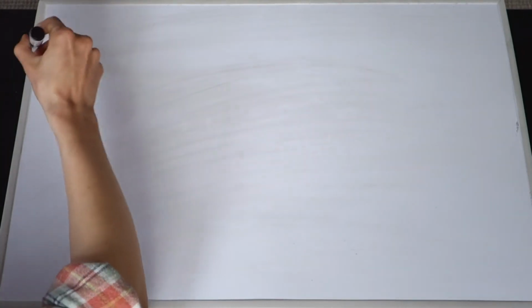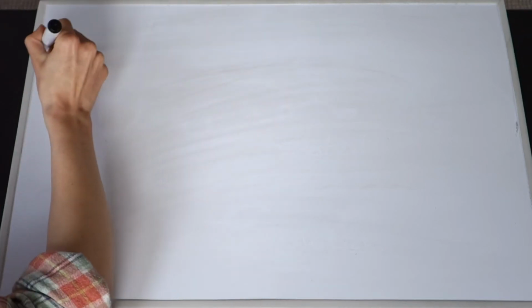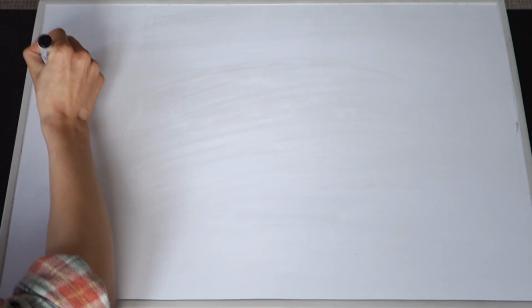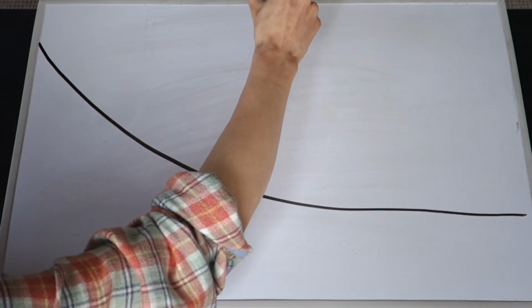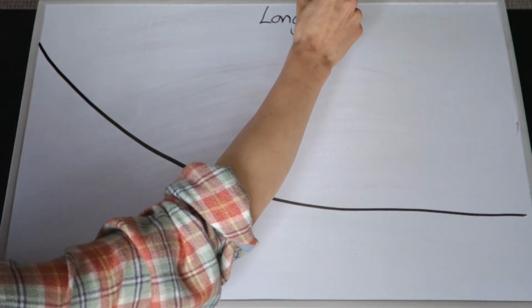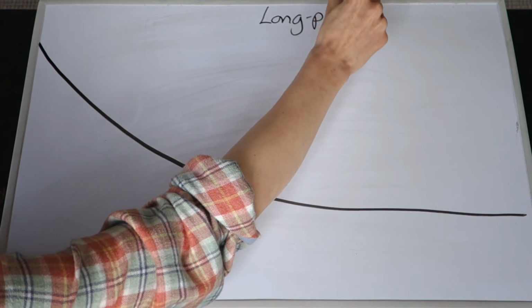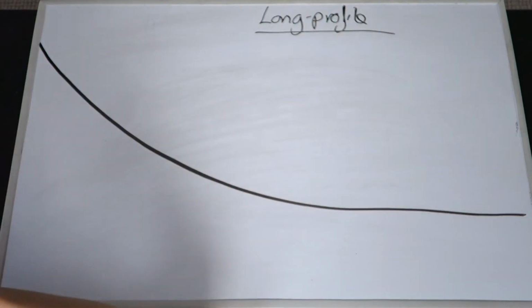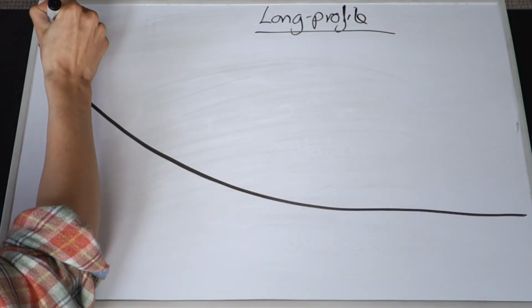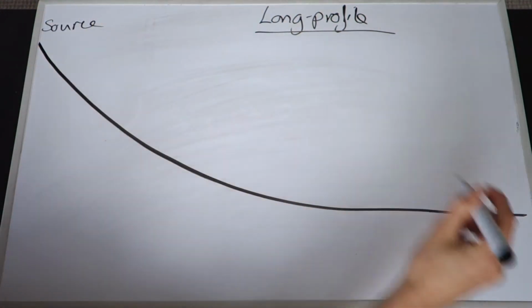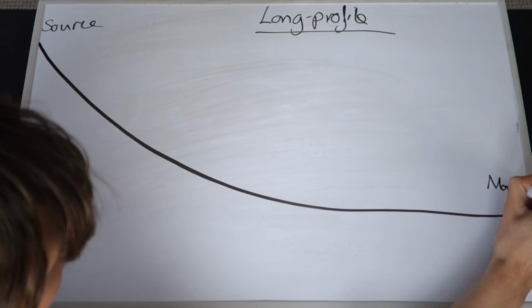When we look at the whole length of a river, we call that the long profile. And the long profile is looking at how a river changes from its source to its mouth.